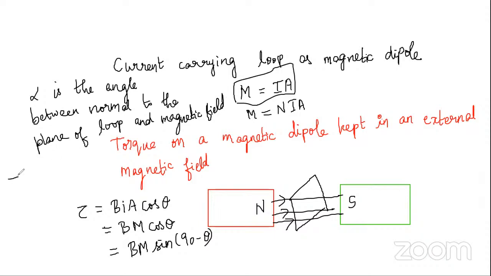In that case, tau equal to BIA sin alpha, or tau equal to M B sin alpha. So tau equal to m cross B.